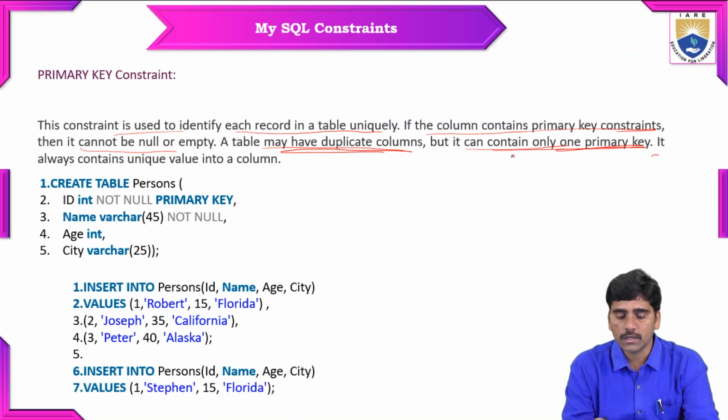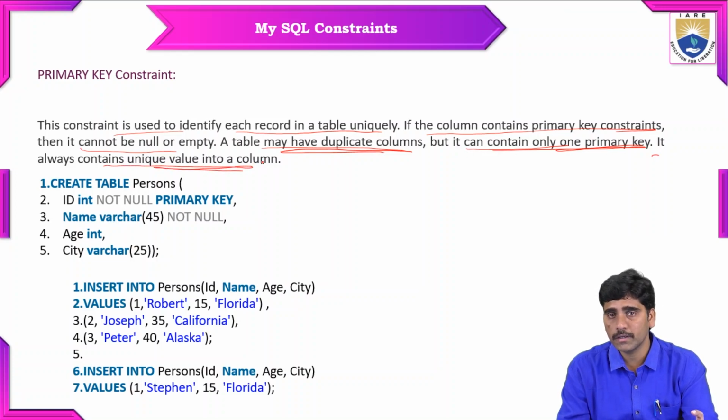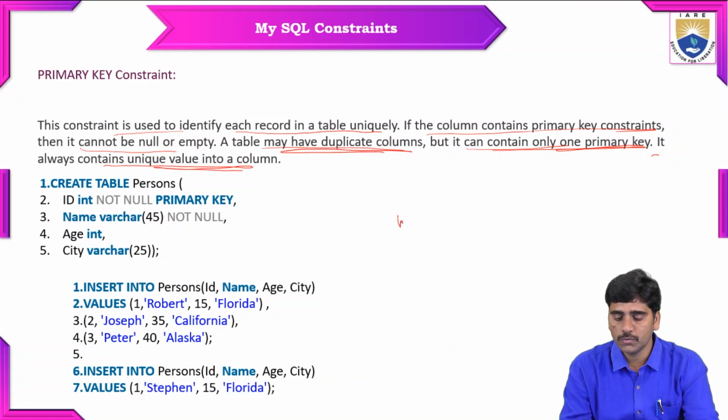So it always contains unique values in the column. Whenever you are applying a primary key to a particular column, it should have some value, it should not have a null value, and it should have unique values.